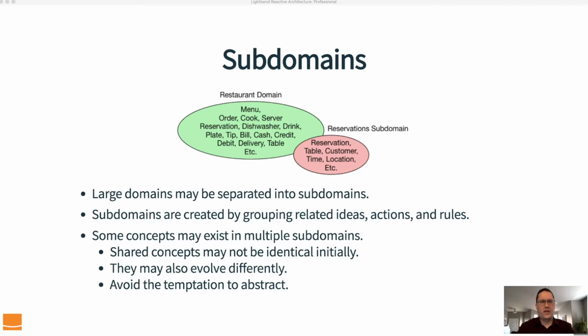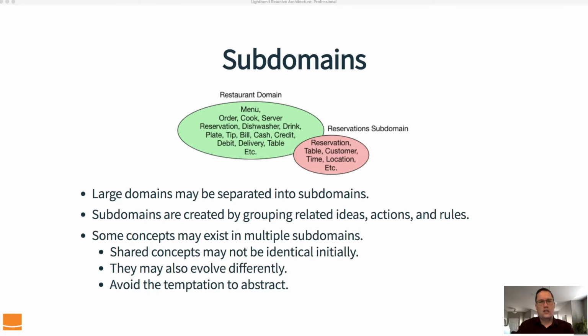So what we do in domain-driven design is we take our large domains and we separate them into subdomains. Our subdomains are created by grouping related ideas and actions and rules into a separate subdomain. So if we look at our restaurant again, we had all those different ideas, but some of them are related. For example, we can look at reservation, table, customer, time, location.